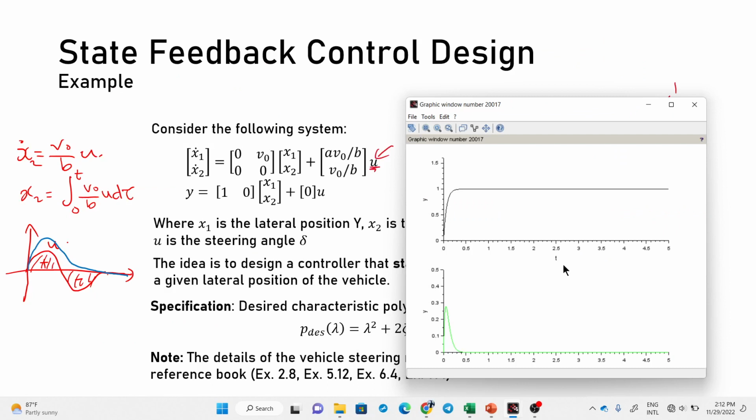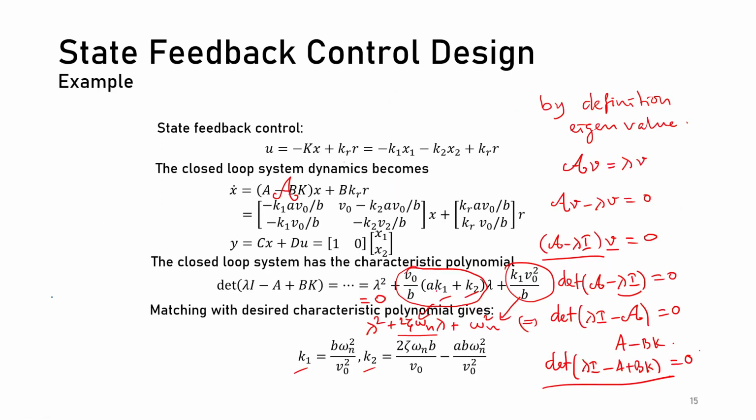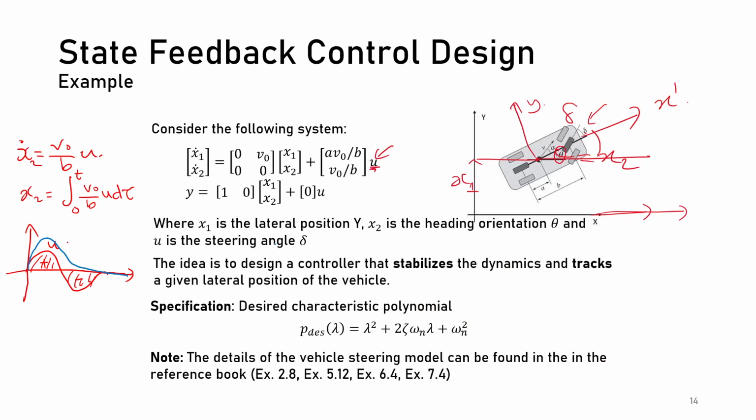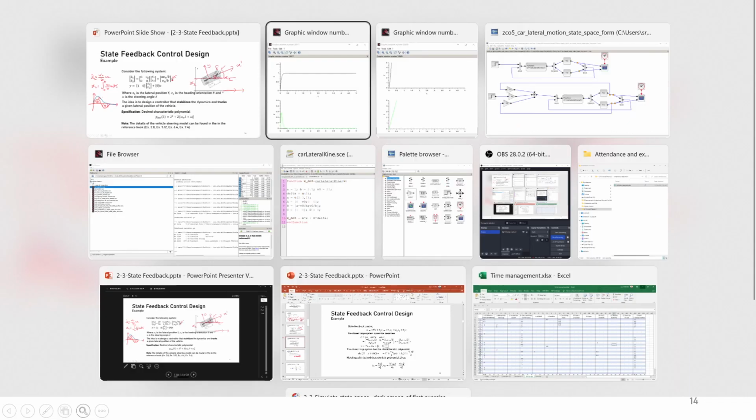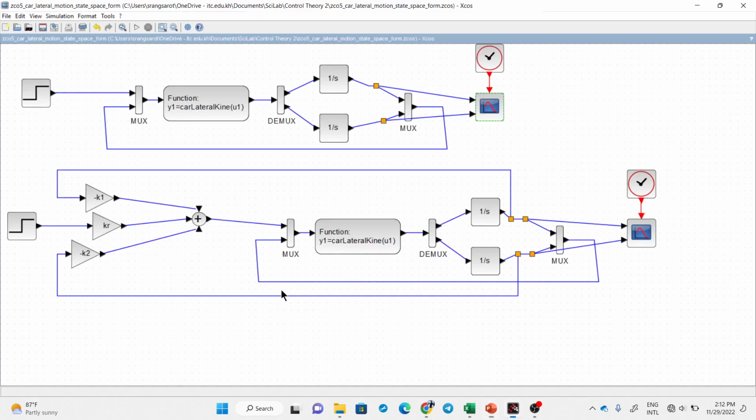And it's also interesting to look at the control input U, right? So let's modify our model to see the graph of control input U.